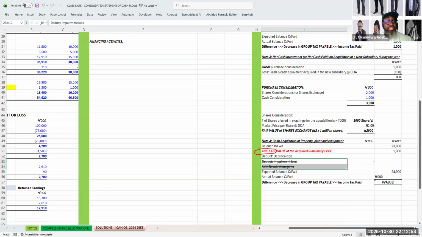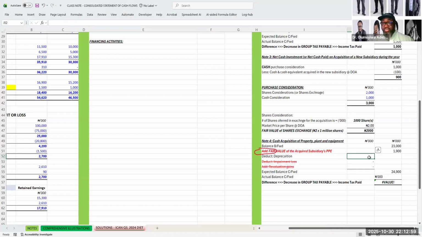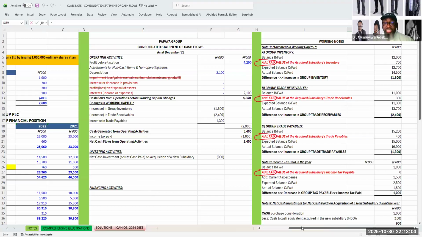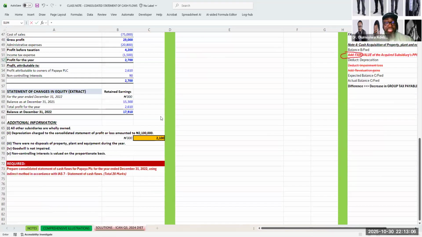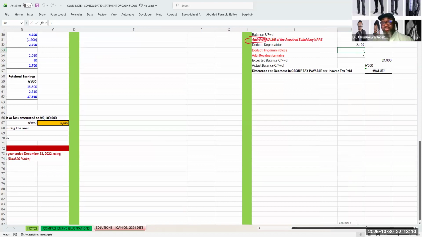Let me put them in red. But depreciation, remember we have depreciation, which we have to deduct. Our depreciation amount given was 2.1. Therefore, I have to deduct it.